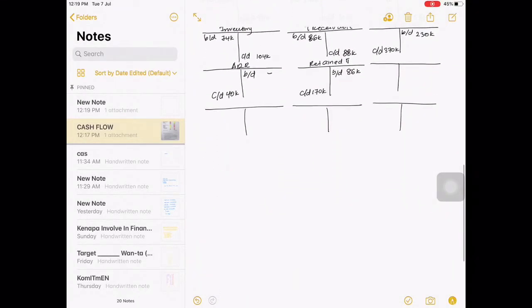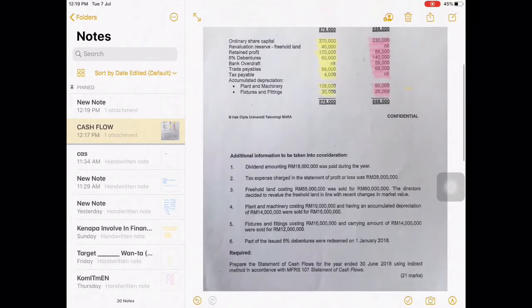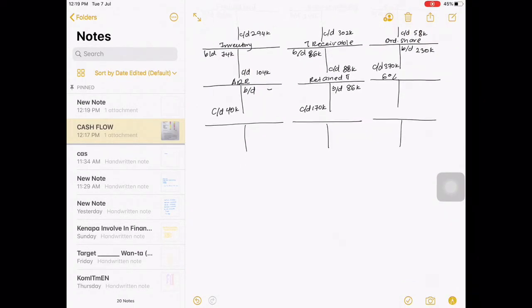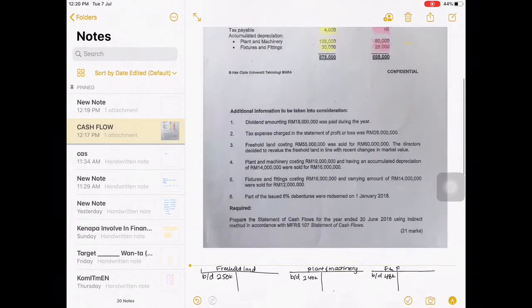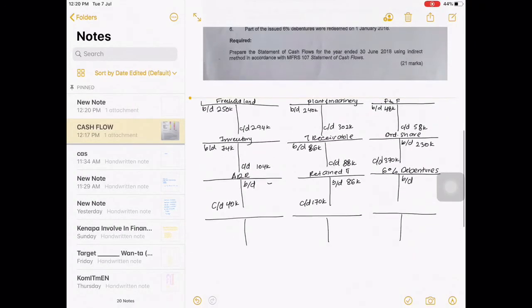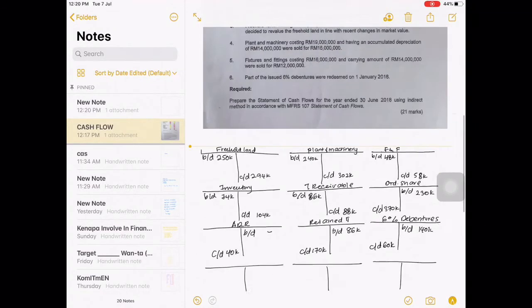Alright, so next we have 6% debentures. Again, this is a liability. The opening balance will be on the credit side, so the amount from the information will be transferred to the credit side of the debentures for the opening balance, and then the closing balance will be on the debit side.